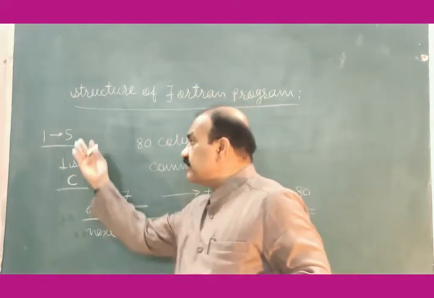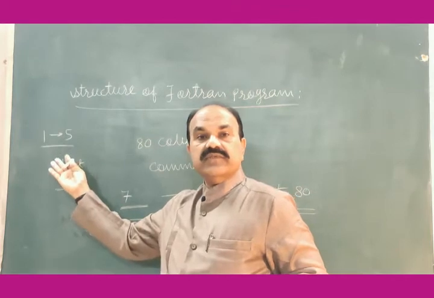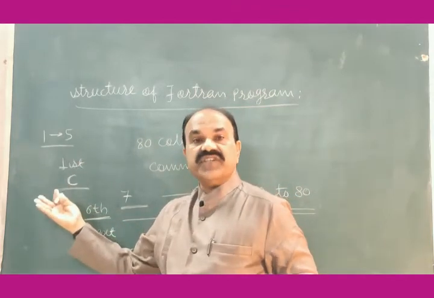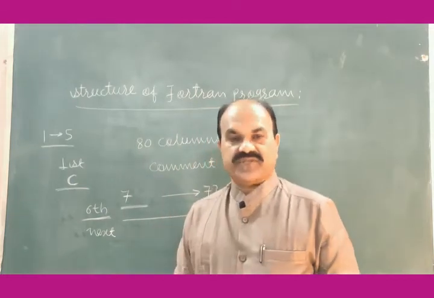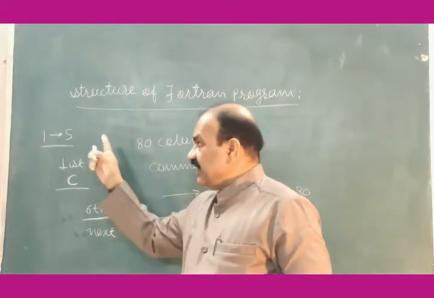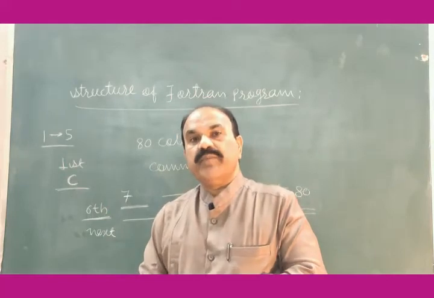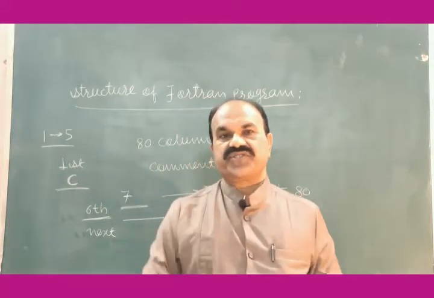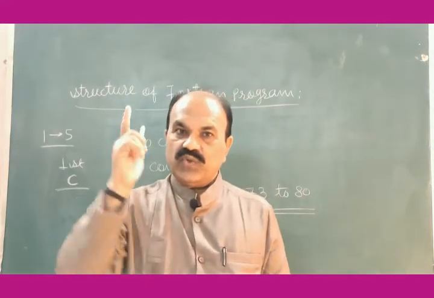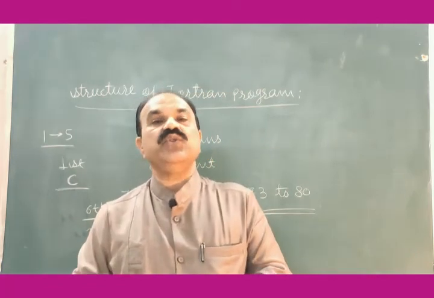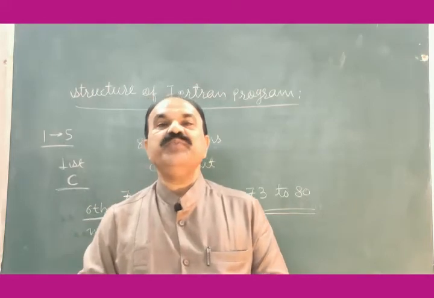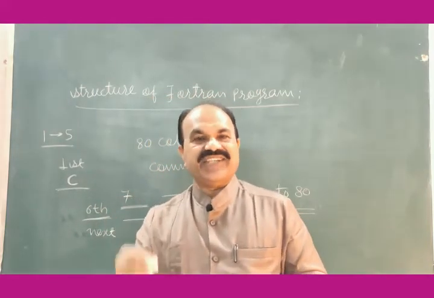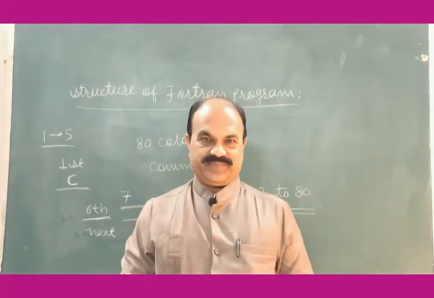Then for what purpose are columns 1 to 5, which are used to number the program lines, used? These columns are used to number only those instructions, those statements, those program lines which are to be referred to later in the program.